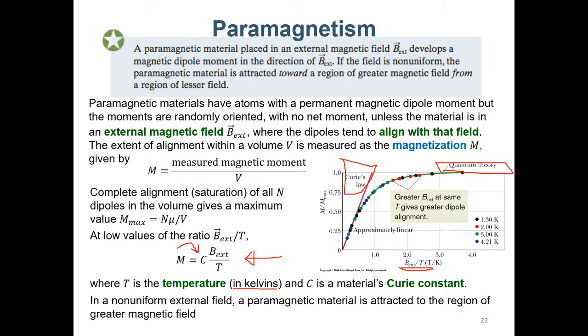Because for the definition, it's mentioned that if you apply an external B field to the paramagnetic material, it will generate another magnetic field which has the same direction as the external field, so the two magnetic fields will add together, and then you generate a magnetic moment.